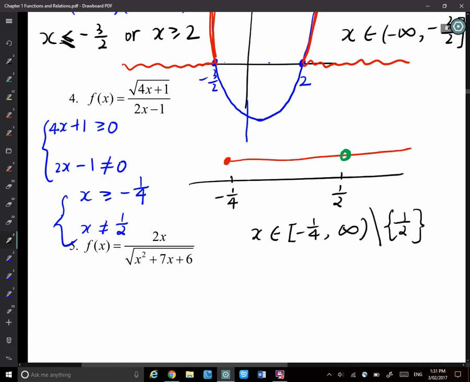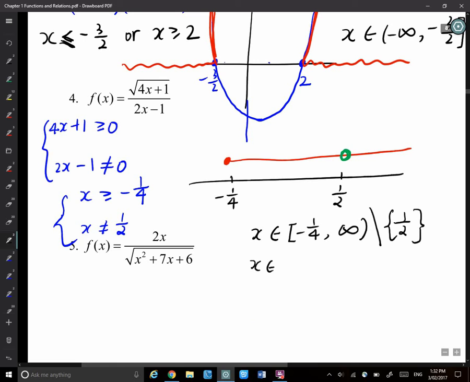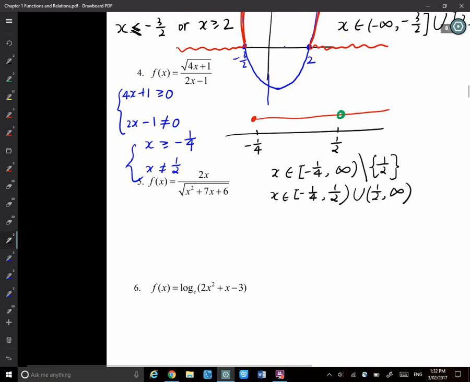Not square bracket, not round bracket, must be in a curly bracket, which means that's a set. A set excludes another set. The second way I can write is from negative a quarter to a half, excluded, union, a half to infinity, excluded. I just exclude that point. So I have two ways to write this.